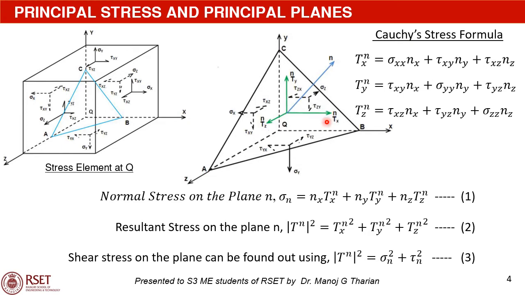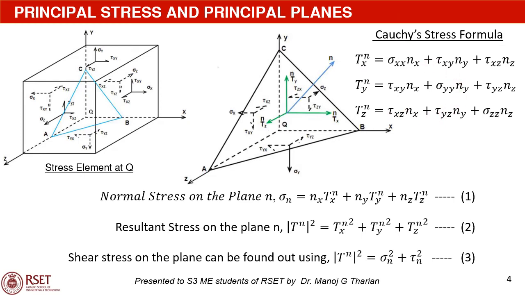The components of Tn along the x direction is Txn, along the y direction is Tyn, and along the z direction is Tzn. Once we know the state of stress at point Q, the values for Txn, Tyn and Tzn can be found out using the Cauchy stress formula given here.